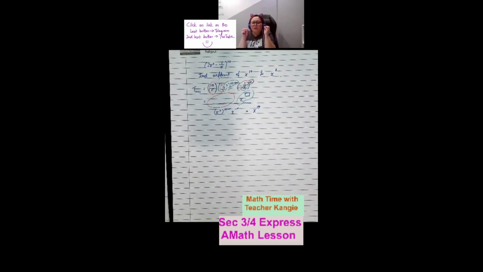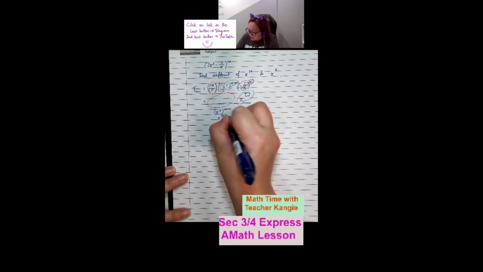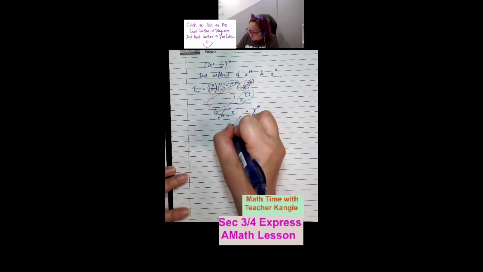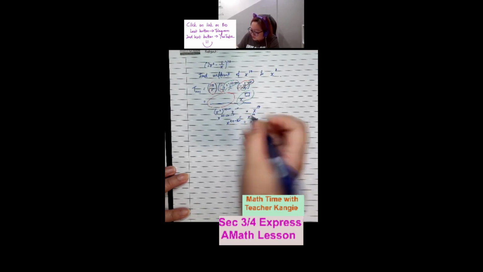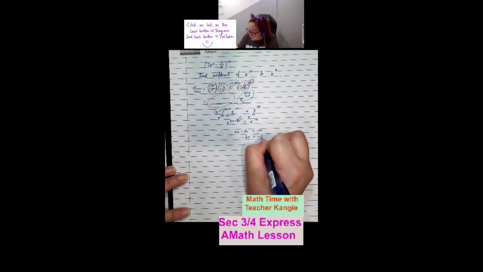Because now I want to form an equation to find out what r gives me the coefficient that I need. So now this is x to the power of 20 minus 2r minus r equals x to the power of 14. So this is x to the power of 20 minus 3r equals x to the power of 14. You will say, oh, so therefore 20 minus 3r equals 14, minus 3r equals minus 6.